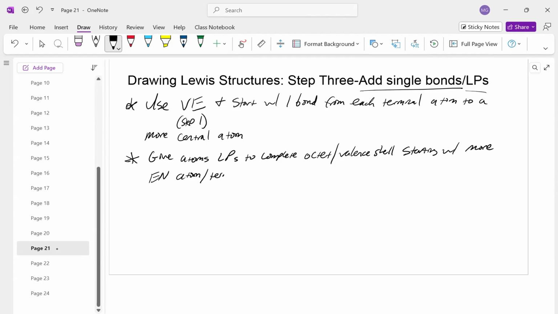Most likely those will be terminal because the less electronegative ones will be in the middle. And along the way, we're going to keep track of our valence electrons because we can't add more electrons than what we calculated in step one.